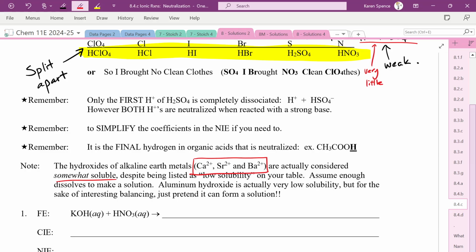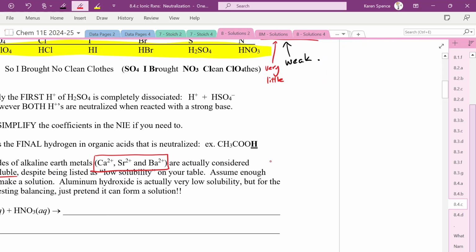If I say Ca(OH)2 aqueous, we made a solution of Ca(OH)2, and it splits apart. If I say aqueous, you say, okay, Ms. Spence, it's aqueous. Unless it's in the answer key and you think it's wrong, in which case you can come and ask if your answer key is wrong.